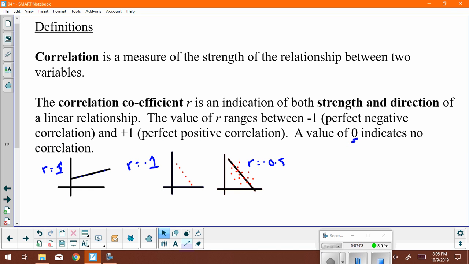The first option for R equals 0 is what we were just talking about there.